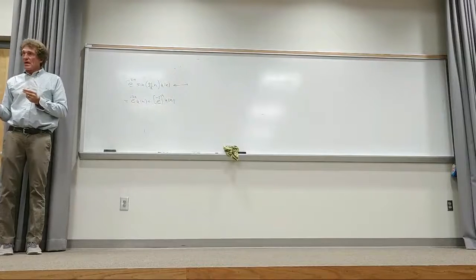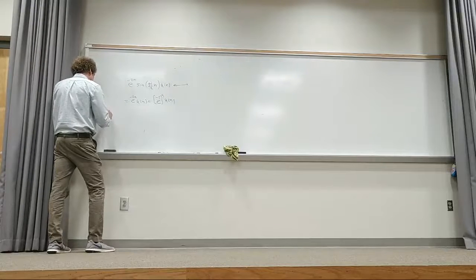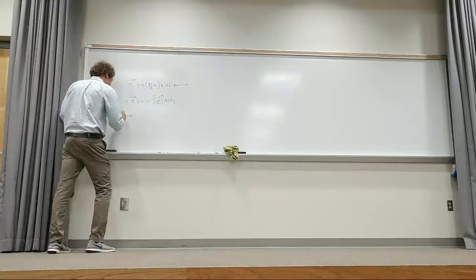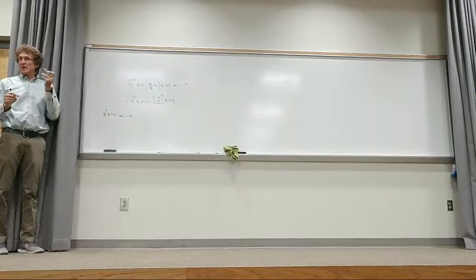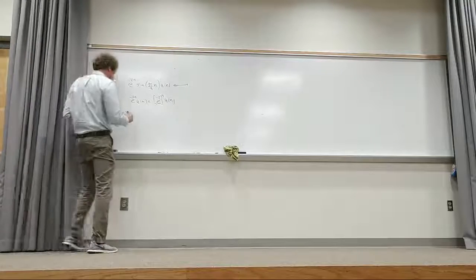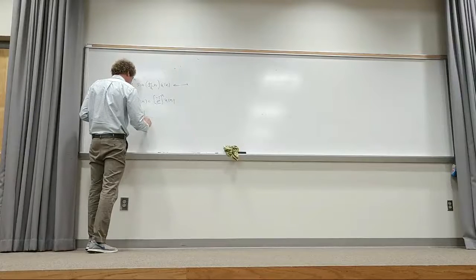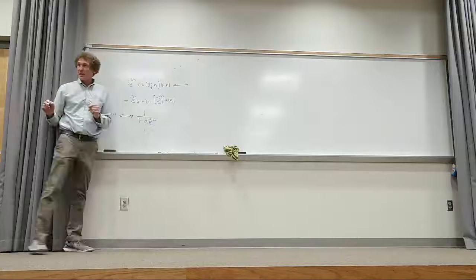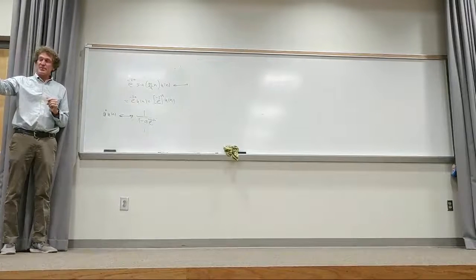Now, if that's the case, a to the n u of n is a transform pairing you need to know for both DTFT and today's z transform. What is it? It's 1 over 1 minus a times e to the minus j omega.